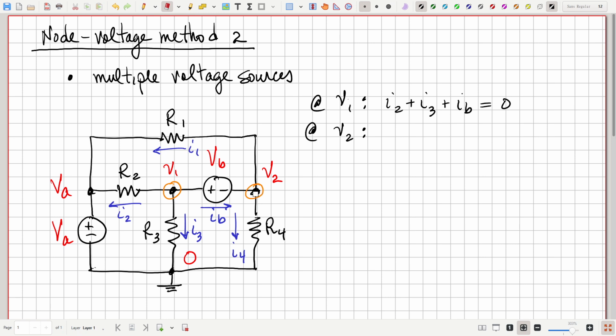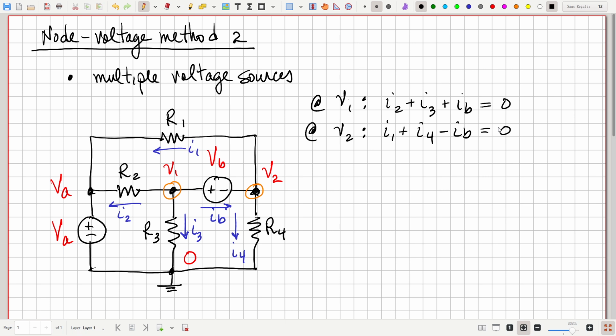What are we going to get there? We get a current coming up here, which is I1, current going down there, which is I4, and then we've got IB coming in. So I1 plus I4 plus the current flowing out would be the negative of the current flowing in, so minus IB. And that's equal to 0. So there are our 2 equations.